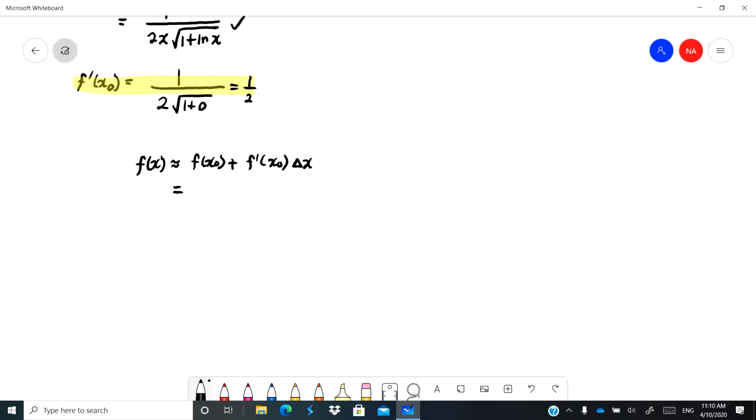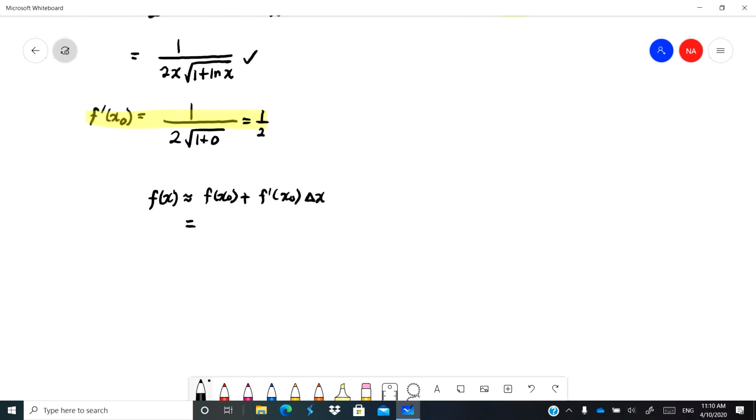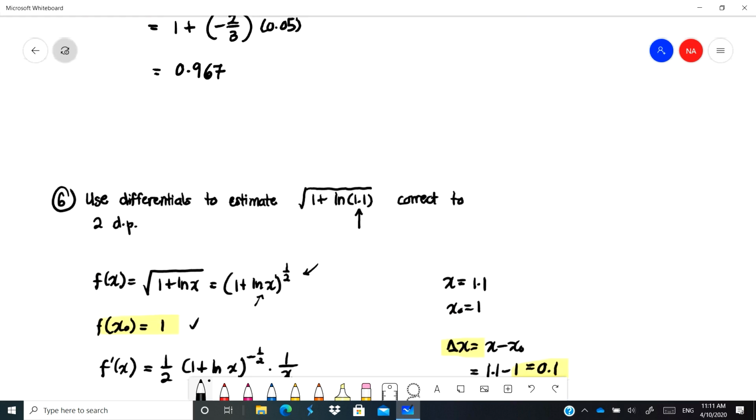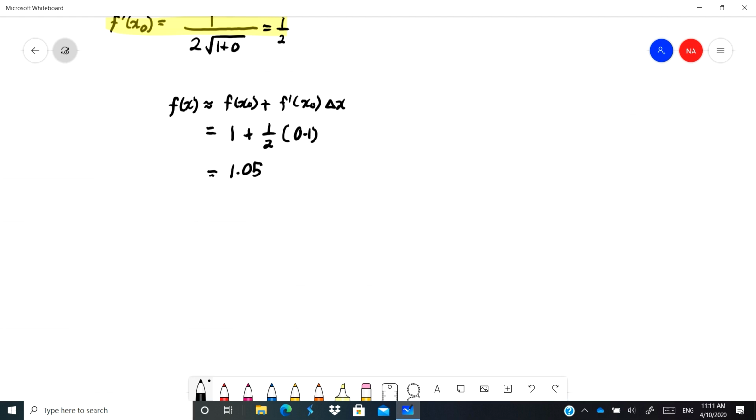So we'll have f of x naught, which in this case is 1, plus 1 over 2 multiplied by 0.1. So I'll have 1 plus 1 over 2 multiplied by 0.1. So I'm going to get 1.05. Since the question asks us to write in 2 decimal places, it's completely in 2 decimal places, so that's perfect.